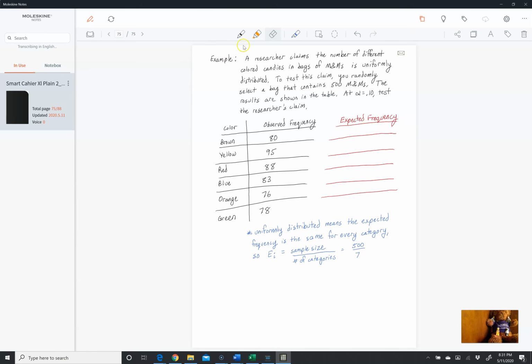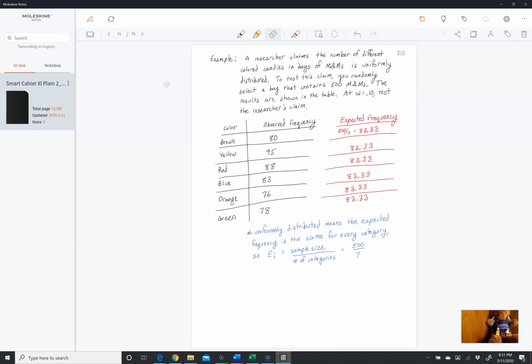And 500 over 7 gives you 83.33. And you can use the decimal. So all of these are 83.33. And if you add it all up, you get 500. So it's a nice, fast calculation. That's the only difference when it's uniformly distributed. Okay.